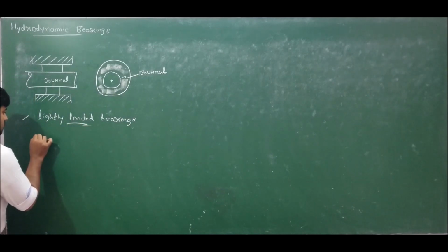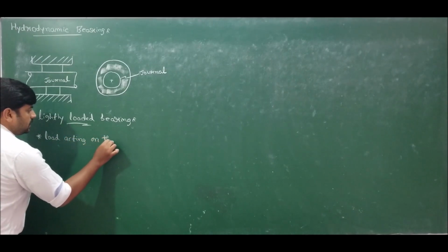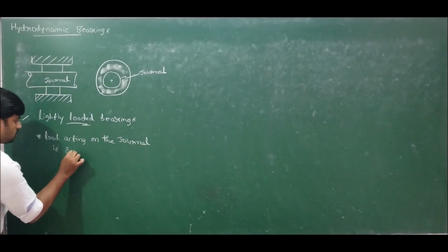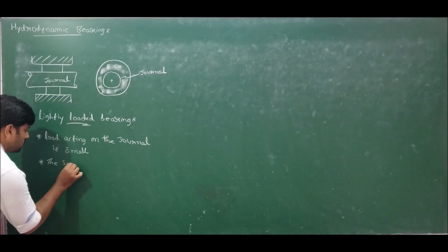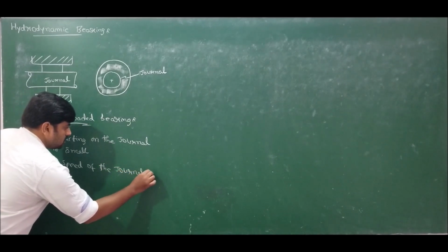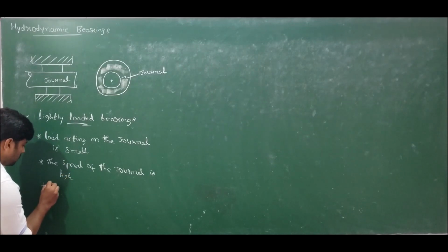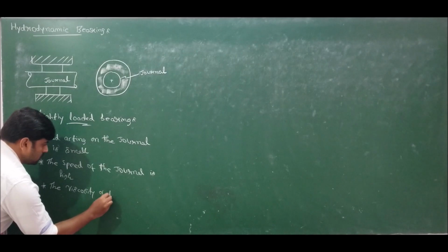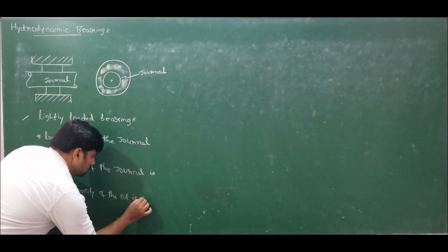So for lightly loaded bearings, the load acting on the journal is very small, second thing is that the speed of the journal is very high, and the viscosity of the lubricant oil is sufficiently high.